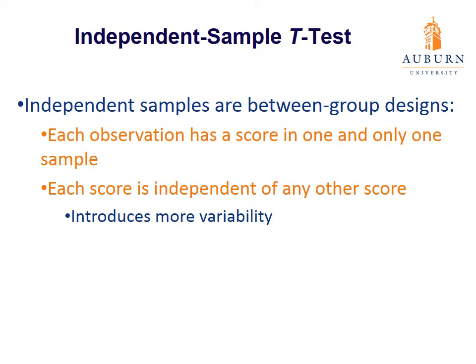And so I can't subtract the scores from each other. The people in one sample have many different characteristics than the people in the other sample. In fact, people differ from each other in an infinite number of ways. And so I can't directly subtract people from each other across the two samples. And because I can't do that, that increases the variability in my data.